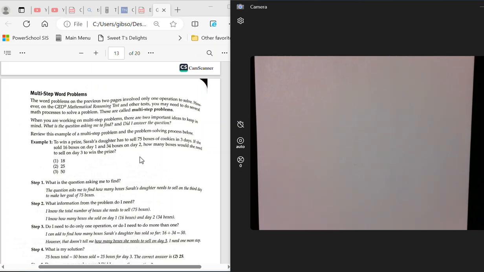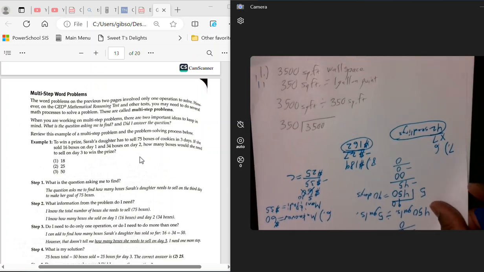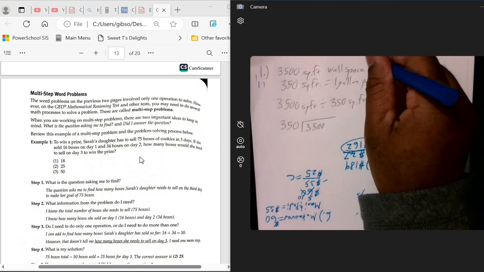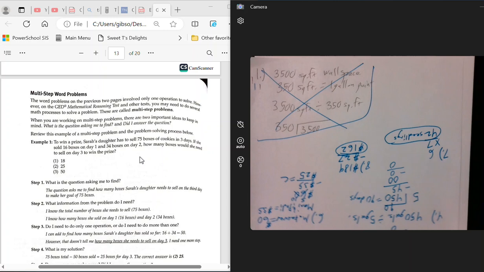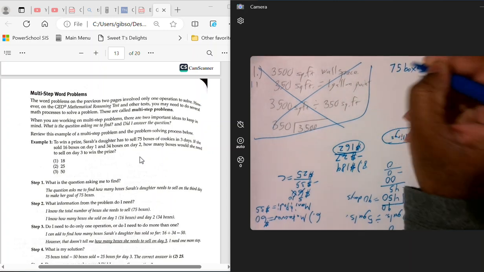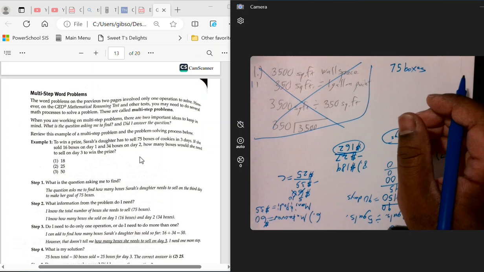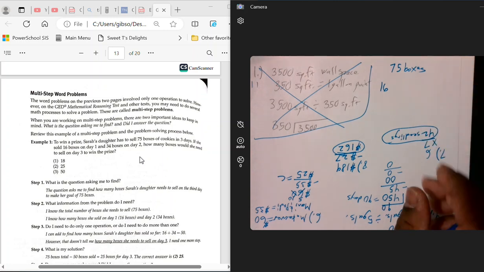Okay, so with that being said, our goal is 75 boxes. That's our goal. Now, on day one, she sells 16 boxes.